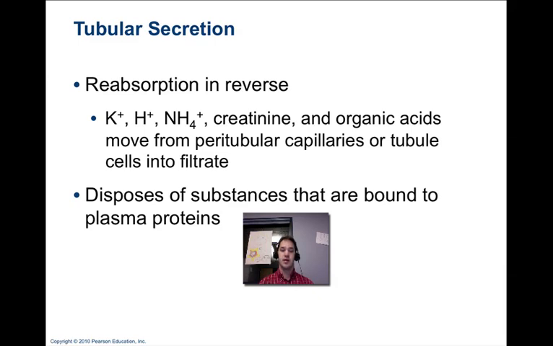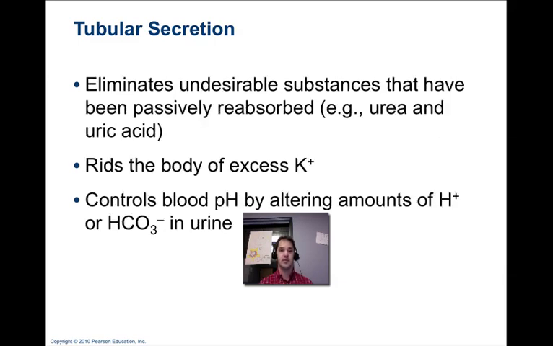Tubular secretion can help, if we remember, plasma proteins aren't filtered, so substances that are bound to plasma proteins stay in our blood unless they're actively secreted. It can also eliminate undesirable substances that have been passively reabsorbed.